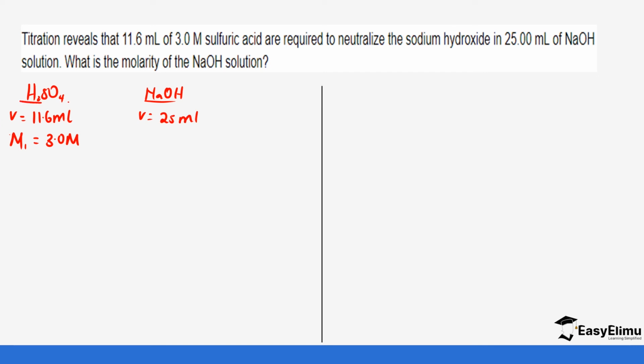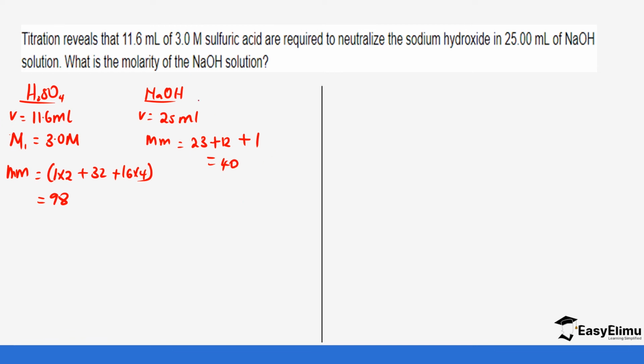From the sulfuric acid, we can also get the molar mass. So the molar mass for sulfuric acid will be 1 times 2 plus 32 plus 16 times 4, which will give us 98. And then for sodium hydroxide, the molar mass is 23 plus 16 plus 1, which gives us 40. So those are the information we have.